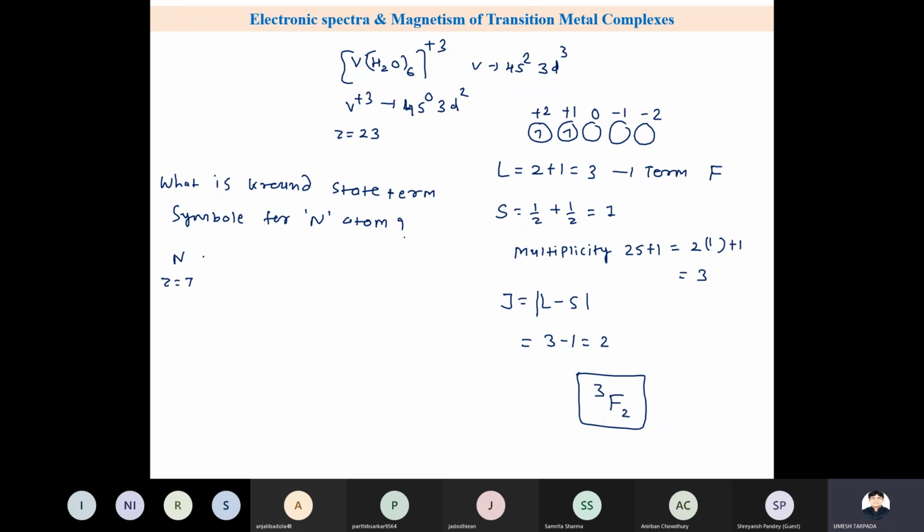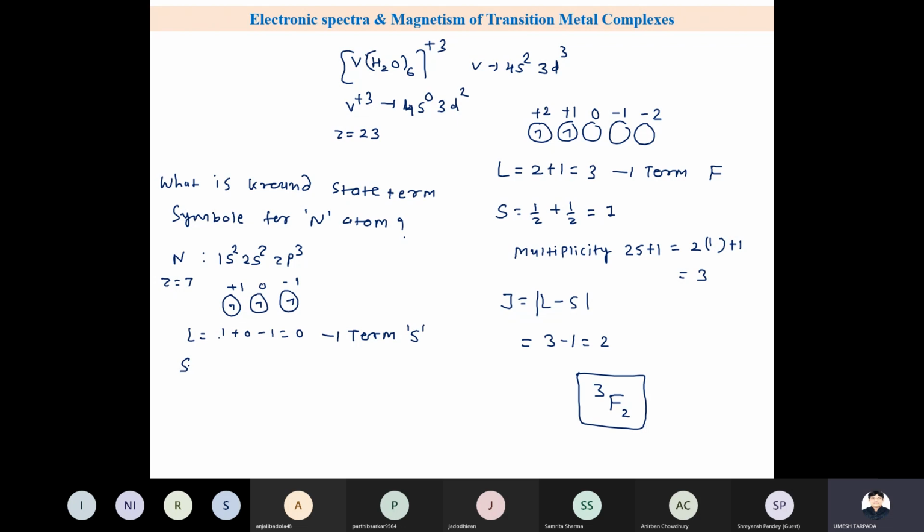So its configuration is 1s2, 2s2, 2p3. So the p orbital has 3 electrons. So it is a half filled orbital. So L value becomes 0: 1 plus 0 minus 1, that is 0. So term is S.